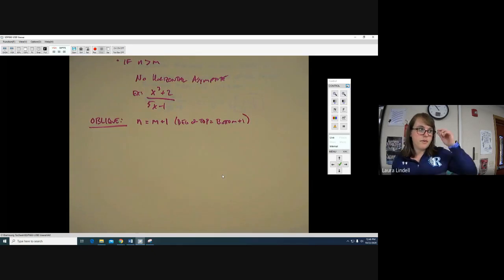So for example, if the degree of the top is 3 and the degree of the bottom is 2, or the degree of the top is 5 and the degree of the bottom is 4.